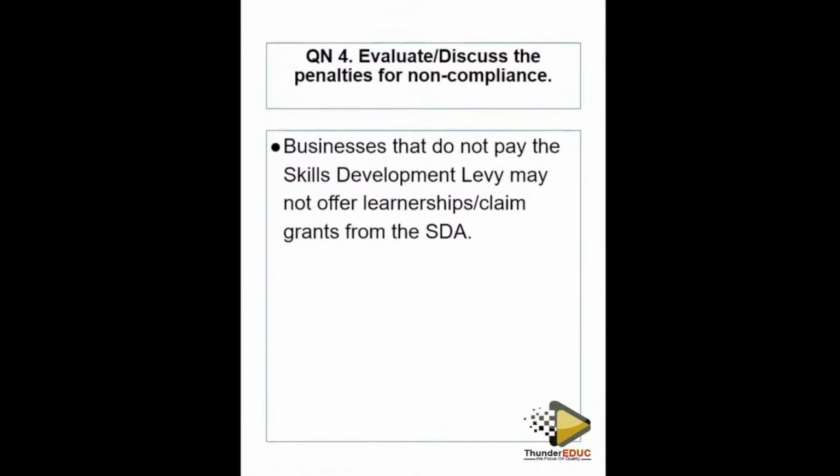Businesses that do not pay the skills development levy may not offer learnerships or claim grants from the SDA.